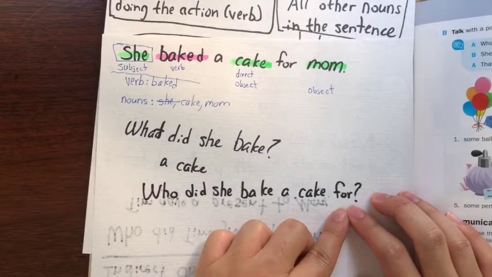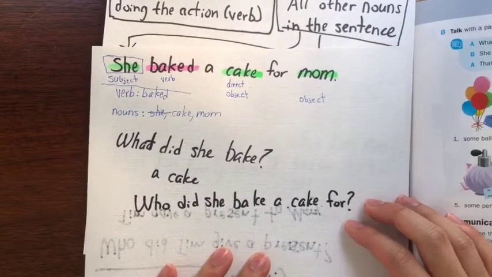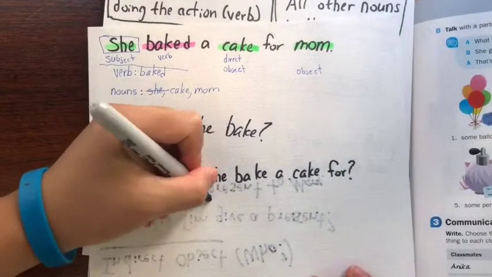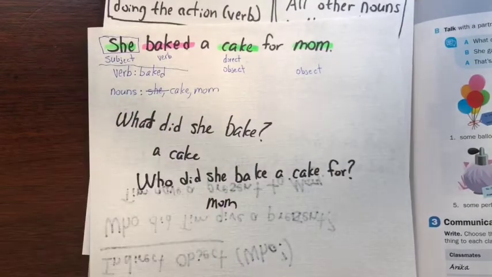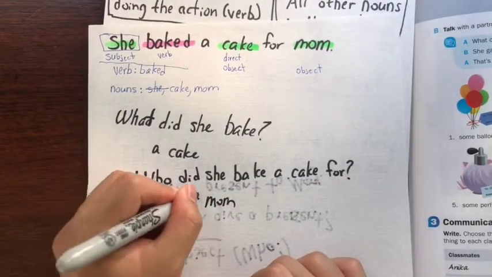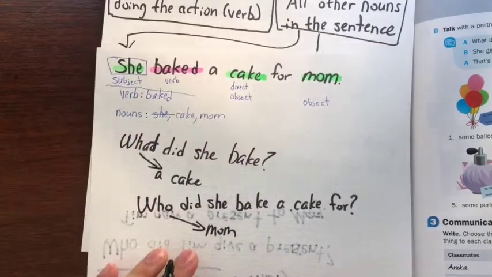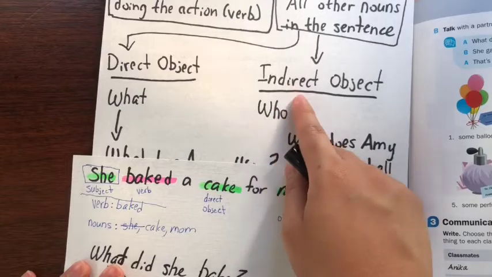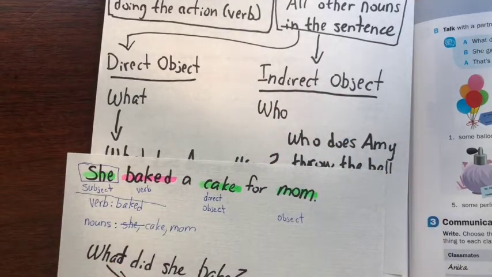Who did she bake a cake for? For mom. So mom answers the who question. So if mom answers the who question, then mom is the indirect object.